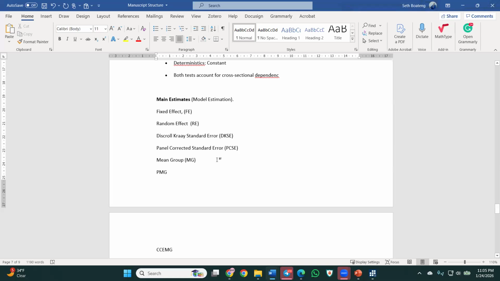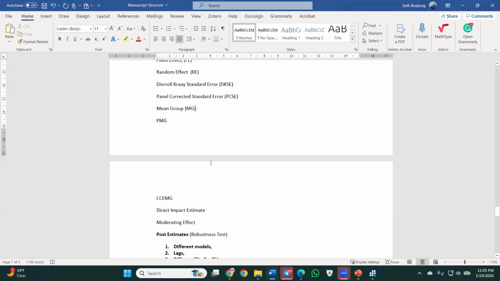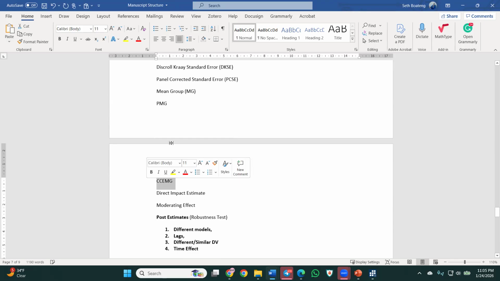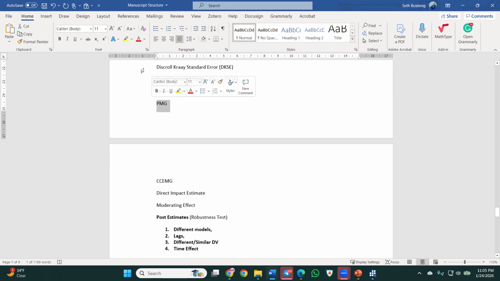But I've stated that the ones I will recommend are the CCEMG, the pooled mean group, and some level of the cross-sectional ARDL. The cross-sectional ARDL is highly recommended because it addresses the cross-sectional nature, and it also estimates both long run and short run because of the co-integration.